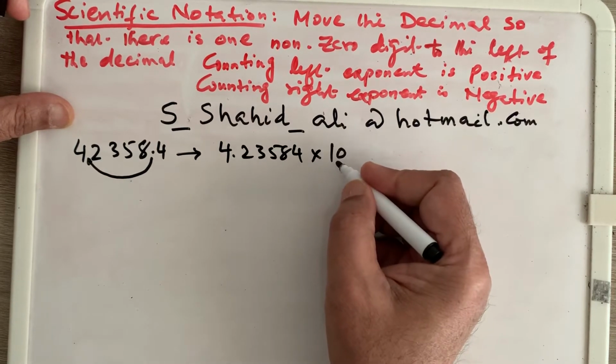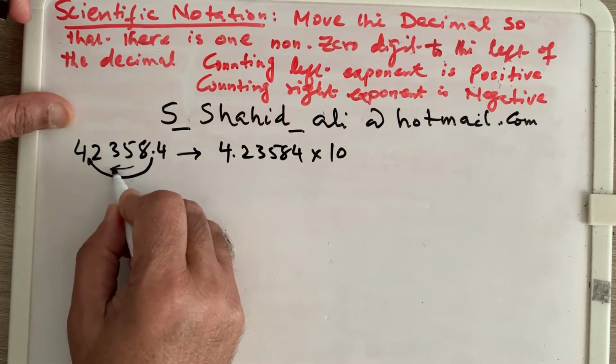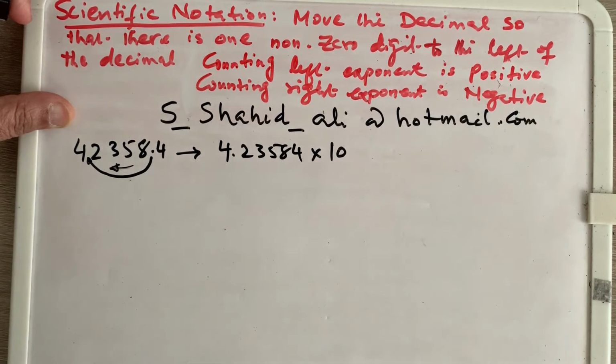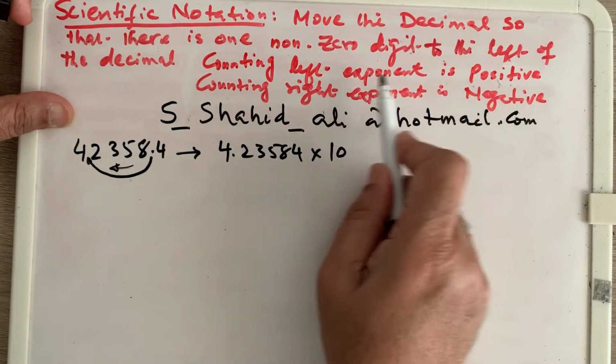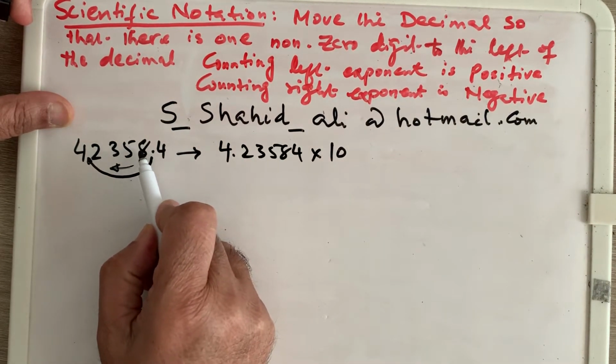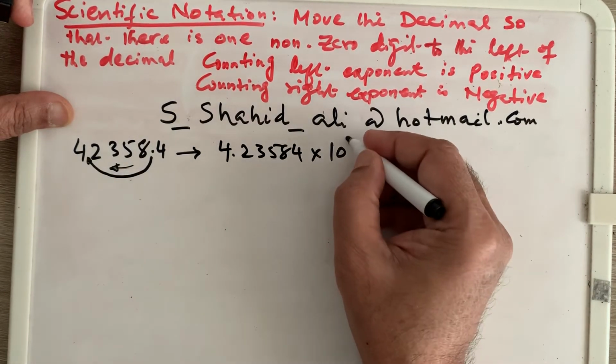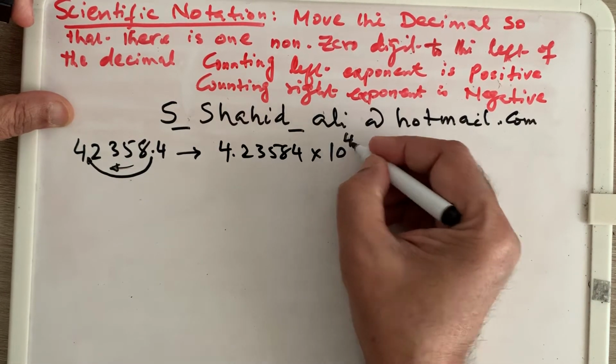Base is always 10 and the power depends on which way we move. So we move leftward. That means the power is positive. So counting left, the exponent is positive. How much positive is it? How many digits did I move? 1, 2, 3, 4. So 4 digits I move, so 10 to the power 4.